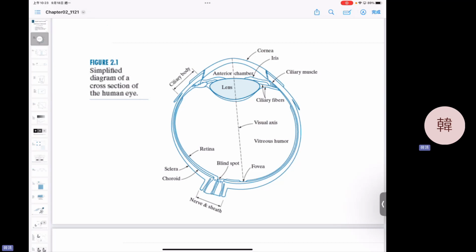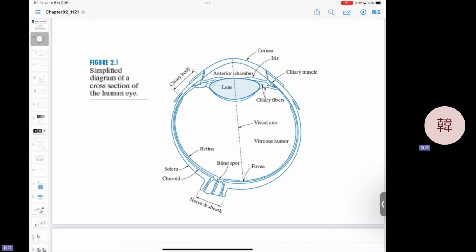I think it's a Greek word, sclera. The sclera, outside of the cornea, is opaque, not transparent, but the cornea is transparent. One is a hard one and one is a softer one. So that is the outer layer of your eyeball.